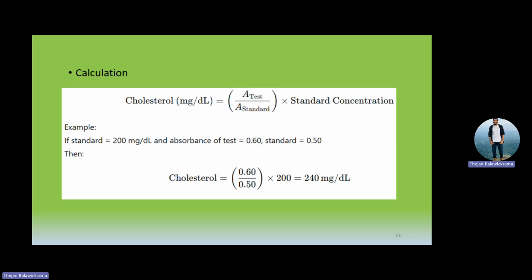So if you look at this example, let's say the patient's value is going to be 0.6 and the standard value is going to be 0.5 and the concentration of the standard solution is 200, then we get the final answer 240. That is how we get the final answer. That we check with the reference ranges. Clear?